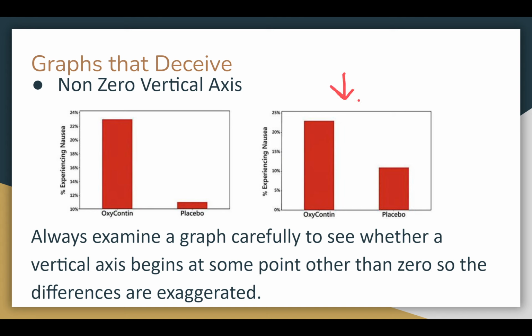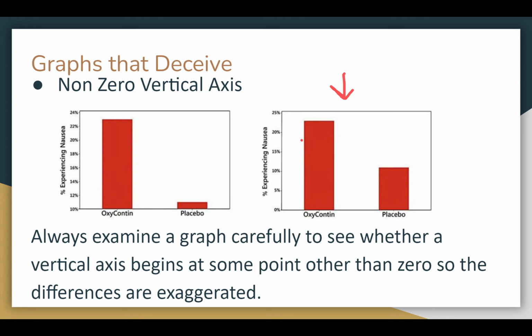So the second one is a better representation because it shows both of them starting off at the same point, like at 0%. And with the first one, you would say, oh my goodness, OxyContin causes so much more nausea than people who took the placebo.